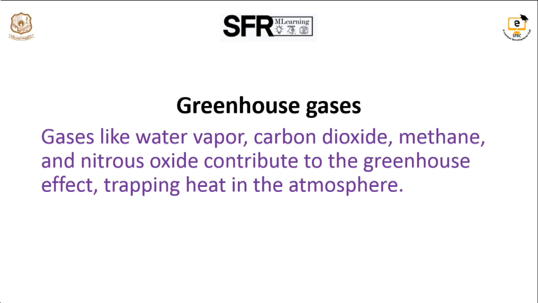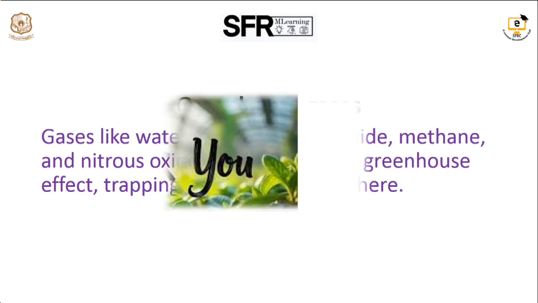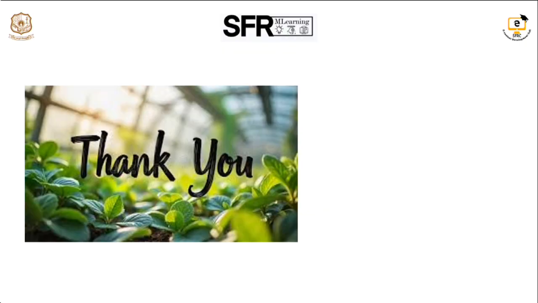So what are the greenhouse gases in the environment? Gases like water vapor, carbon dioxide, methane and nitrous oxide contribute to the greenhouse effect, trapping the heat in the atmosphere. So automatically too much heat energy builds up in the atmosphere. So comparatively, the greenhouse gases and greenhouse effects.